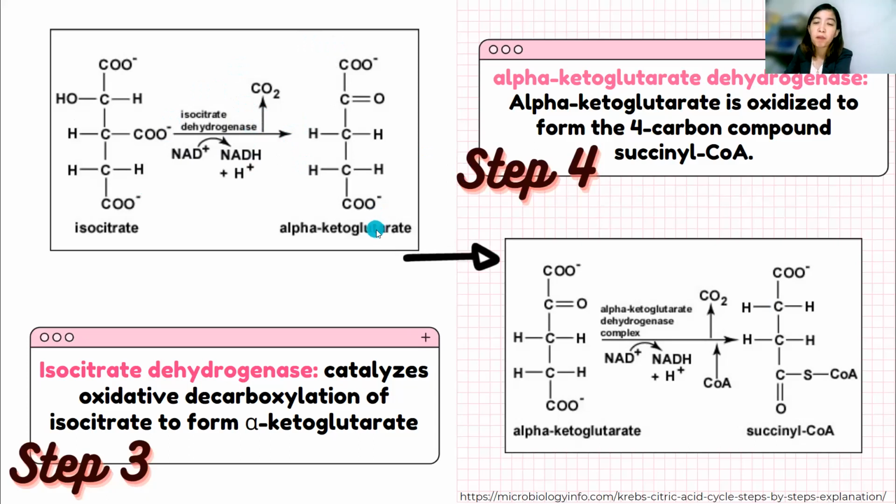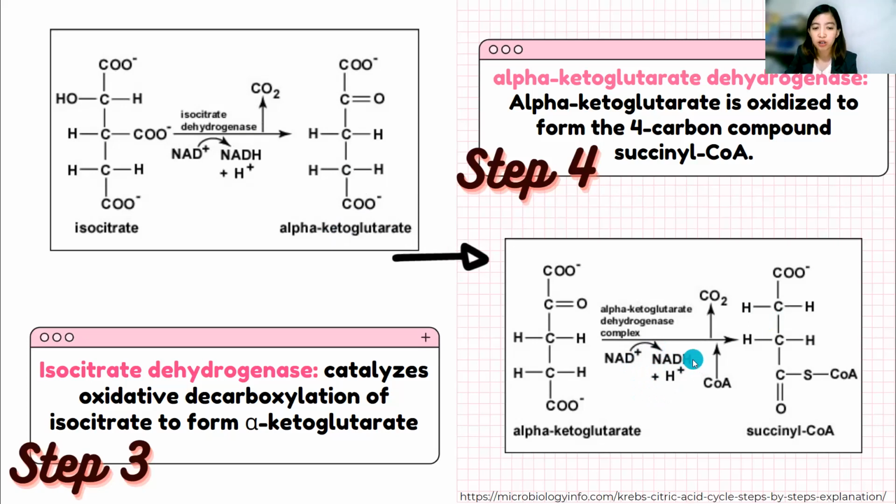While dito naman sa step 4, we have the alpha-ketoglutarate dehydrogenase, which is an enzyme kung saan yung alpha-ketoglutarate na molecule natin kanina ay ma-oxidize siya para makapag-form ng 4-carbon compound, succinyl-CoA.